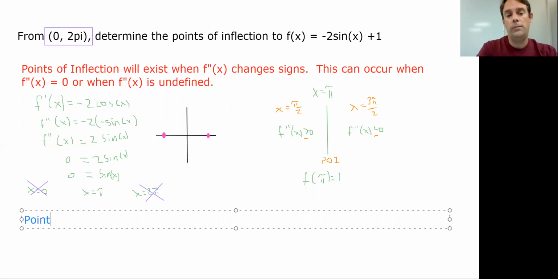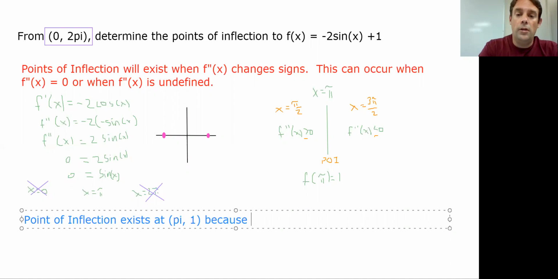So point of inflection exists at pi, comma 1, because f double prime of x changes signs at x equals pi.